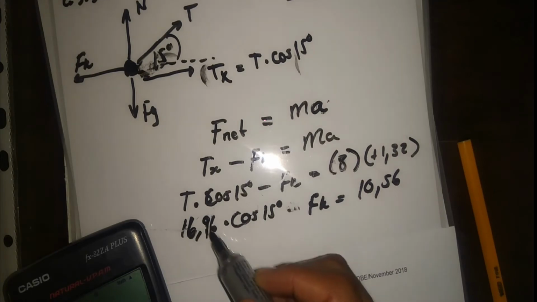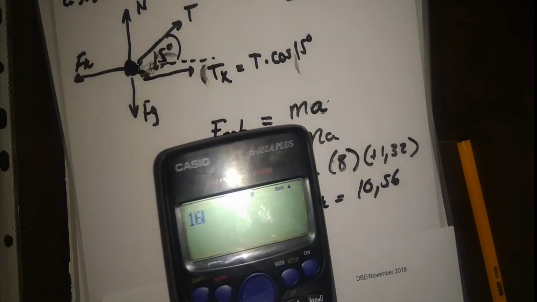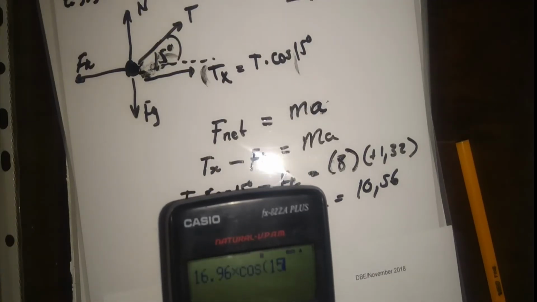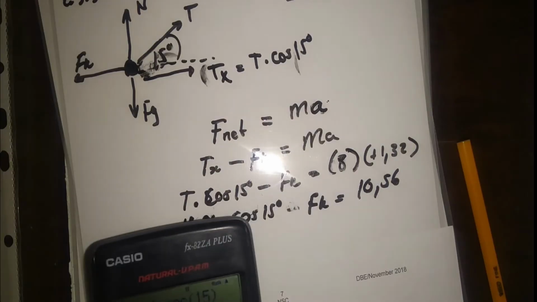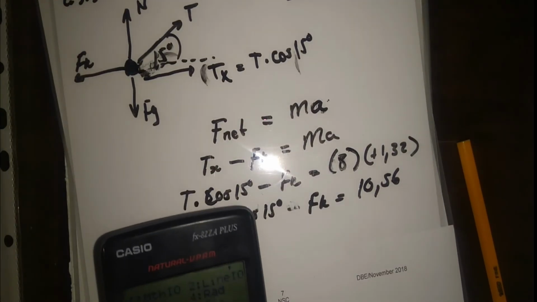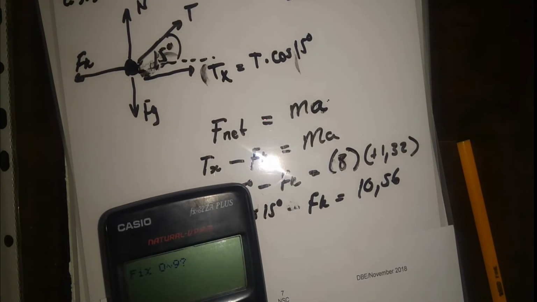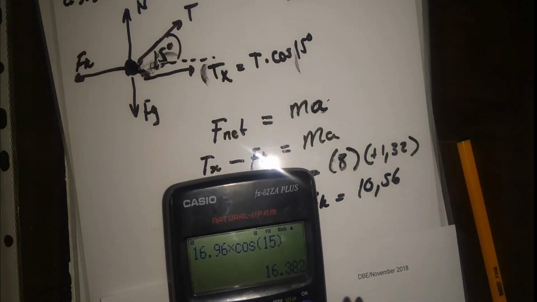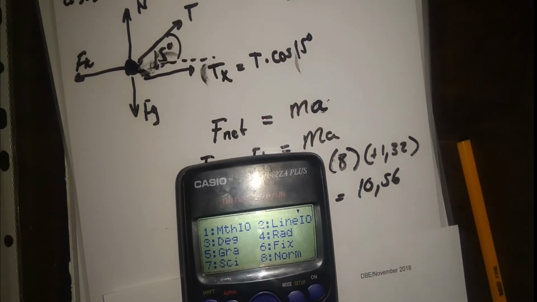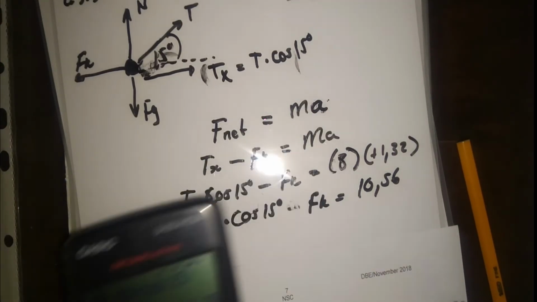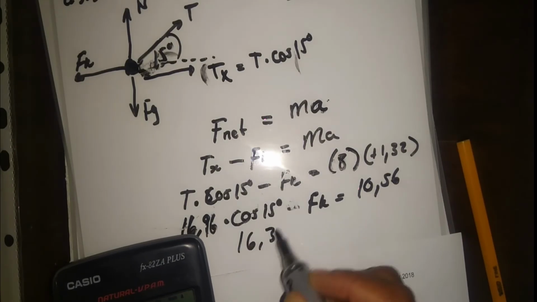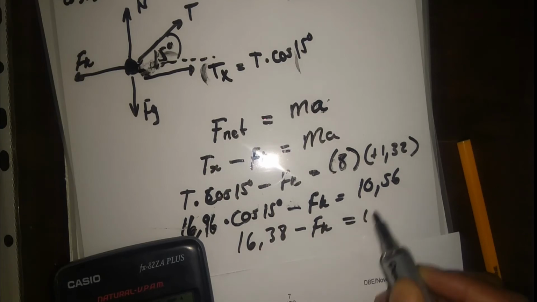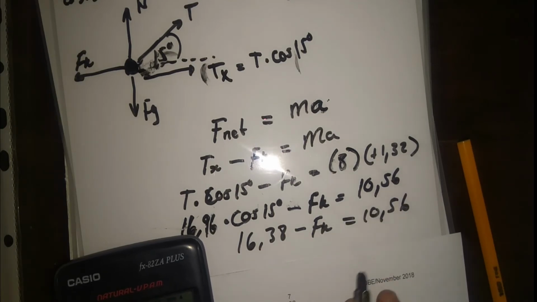And then 16,96 times cos 15 is equal to, okay, I see, express it in 3 decimal places, so let's just say 2. Since you have to fix into 2 decimal places, this is going to be 16,38, then minus Fk equals 10,56.